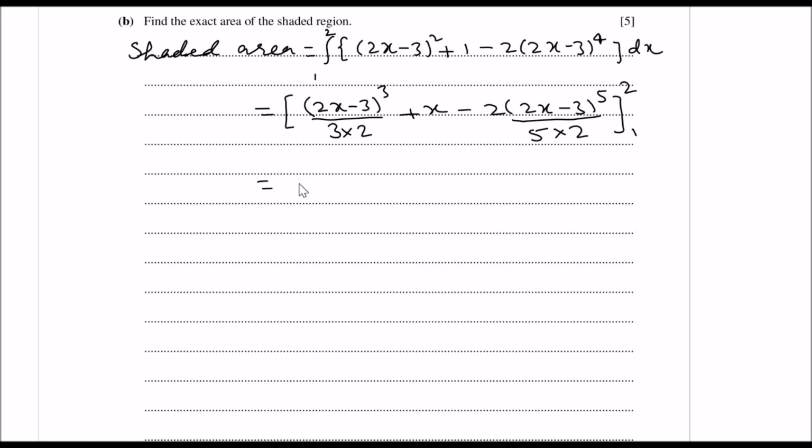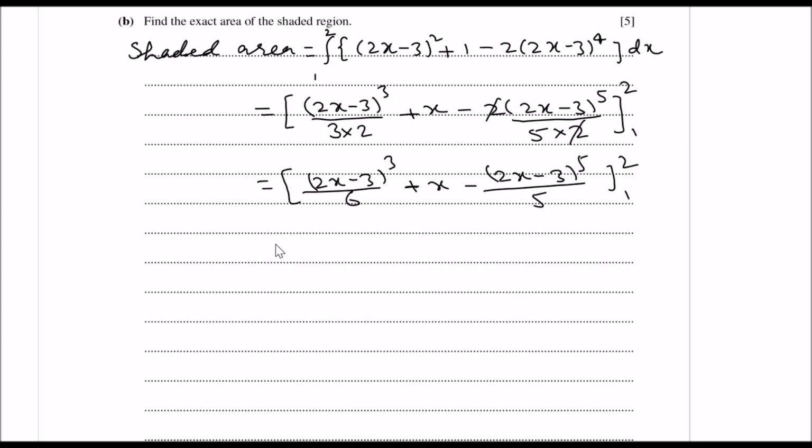So now let us simplify. So we get 2x minus 3 whole cube over 6 plus x minus, now these 2 cancel out with this, so we are left with 2x minus 3 whole 5 divided by 5, and limits 1, 2.